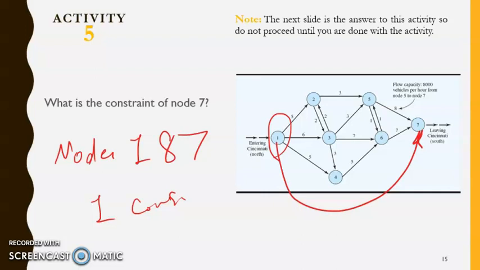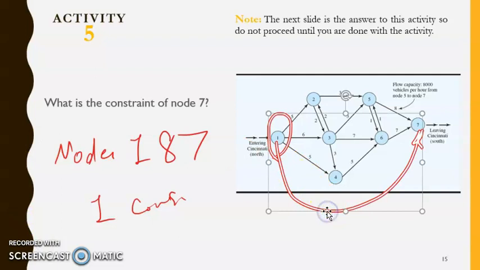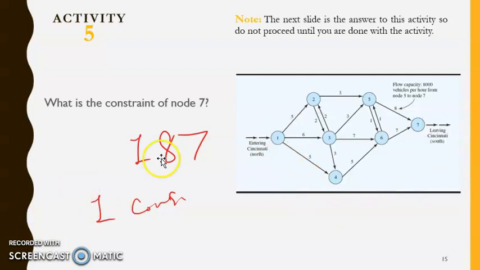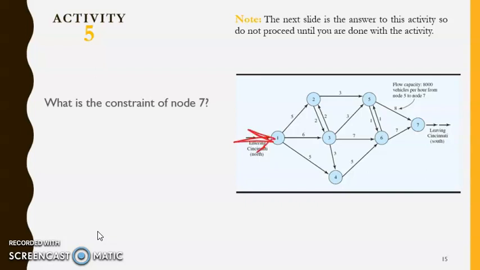Let me delete these things so it would be more clear to follow. Now, if you remember, we said the inflow of 1 equals the outflow of 7, because they are the entering point of the network and the exiting point of the network.